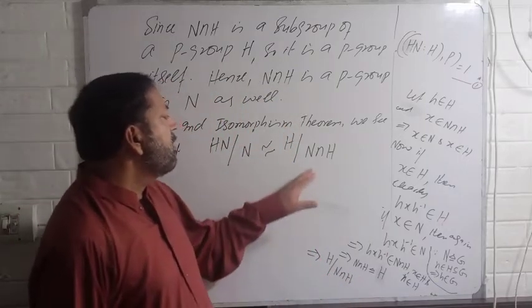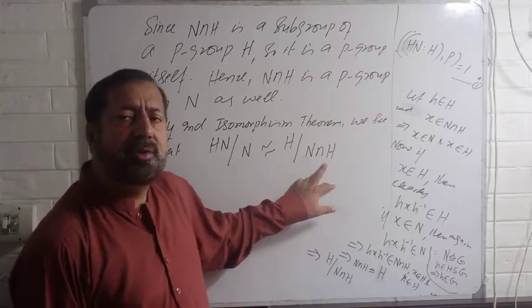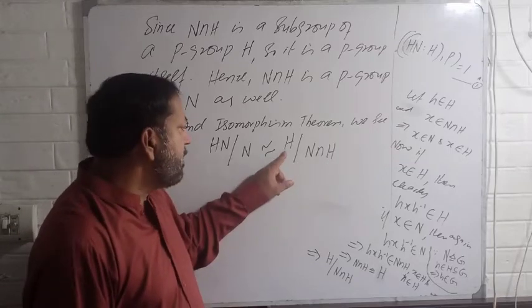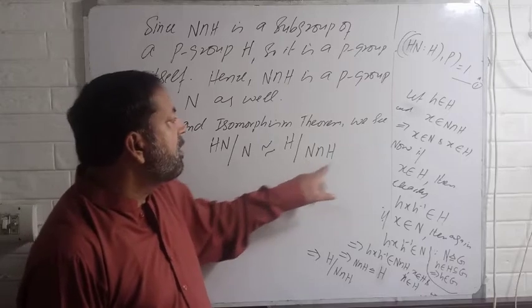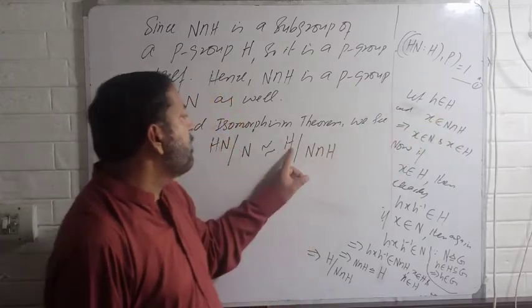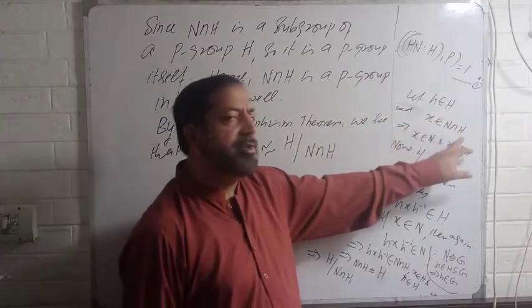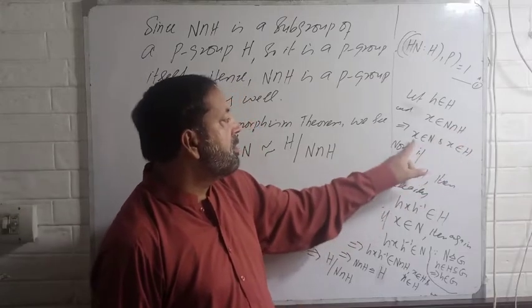This is so easy, you can easily show that N intersection H is normal in capital H. See, you take an element h from capital H and an element x belonging to N intersection H. Now there are two cases.